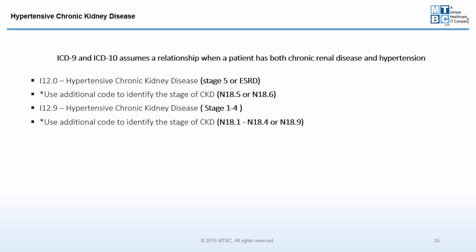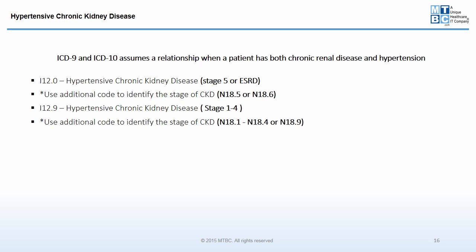For hypertensive chronic kidney disease, we need to know which stage because each code is different. If you see I12.0, we can only use that code if the stage is stage 5 or end-stage renal disease. If it's stage 1 through 4 chronic kidney disease, then we have to use I12.9.